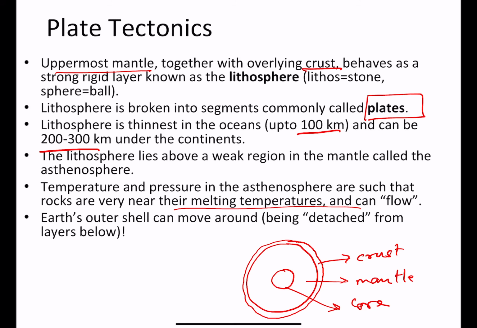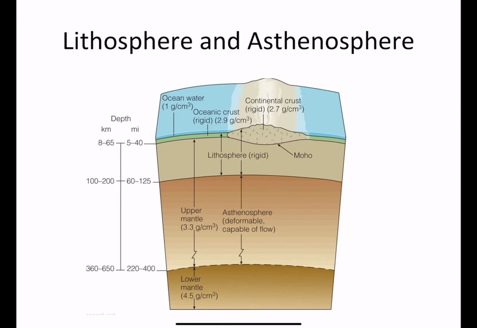Okay. Now here is a picture which I found in a different book, which shows the same thing. The lithosphere is this outermost layer. As you can see, it includes the crust and the uppermost mantle. The crust consists of the oceanic crust, which is the part of the crust underneath the oceans, and the continental crust, which is the part of the crust underneath the continents.